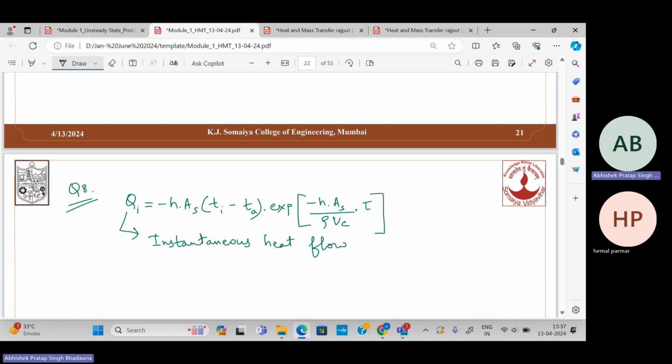And the time for calculating the instantaneous heat flow, we'll put here, and then we can find the answer.